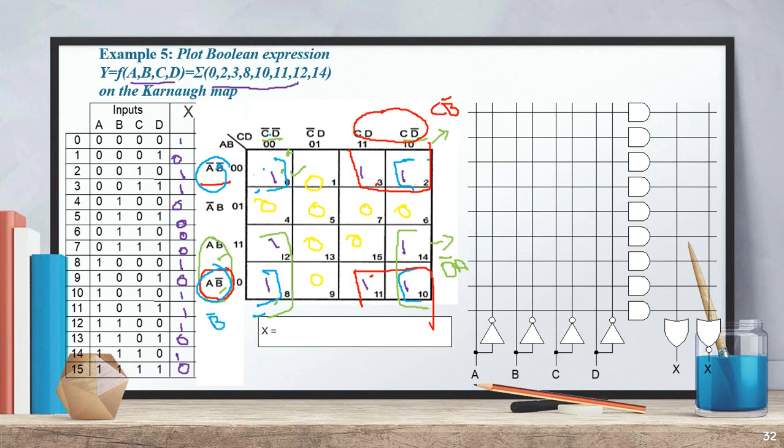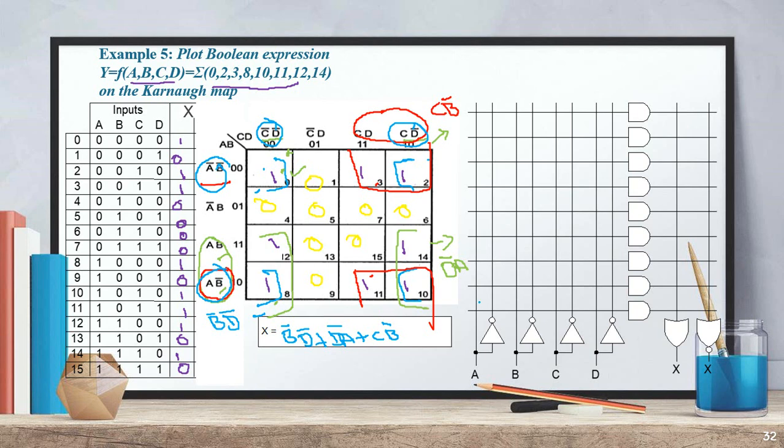And in this, if you take C bar D bar and C D bar, D bar is common, so take D bar. From this, the final answer is B bar D bar plus D bar A plus C B bar. This is the simplified expression we got.